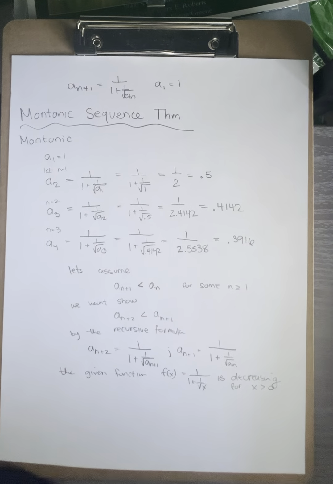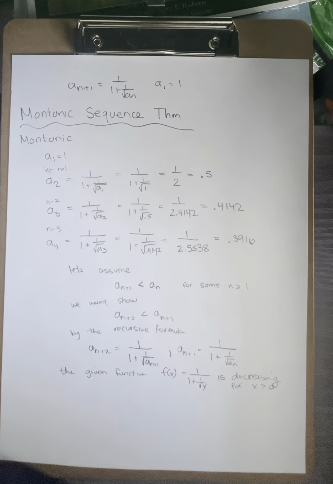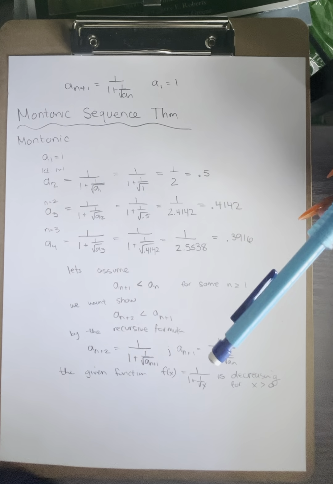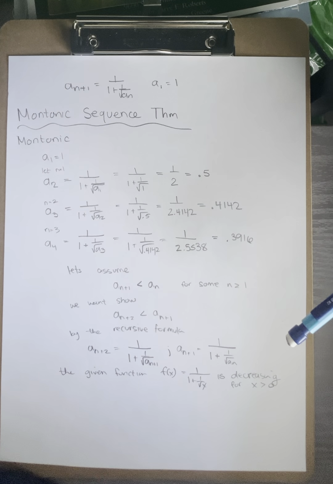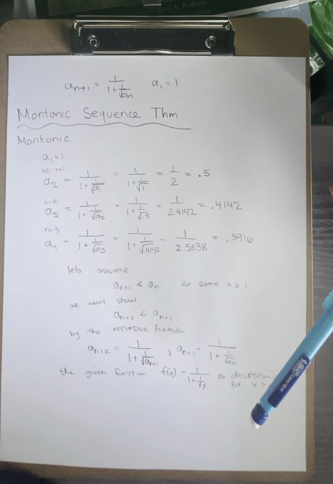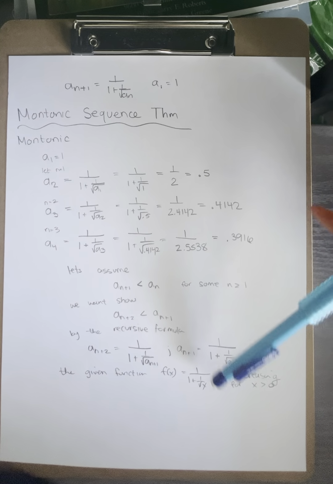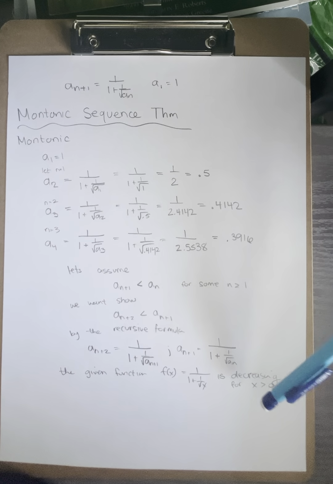And the reason why it's decreasing is for a couple of reasons. If I were to take the derivative of this function, the values of that are decreasing. I notice also here that I am taking the square root of a number and dividing by all of that, so it's only going to get smaller and smaller.